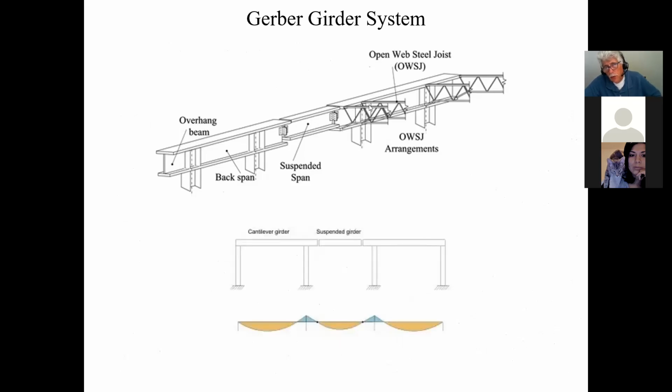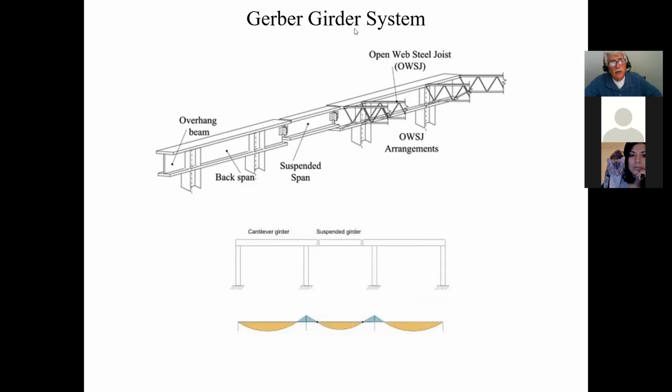This is the suspended span, some call it suspended span, some call it drop-in beam, some call it a link beam. If I ever talk about the drop-in beam or the link beam or the suspended span, I'm referring only to this beam here that's being supported at the tip of these overhangs or at the tip of these cantilevers, okay?